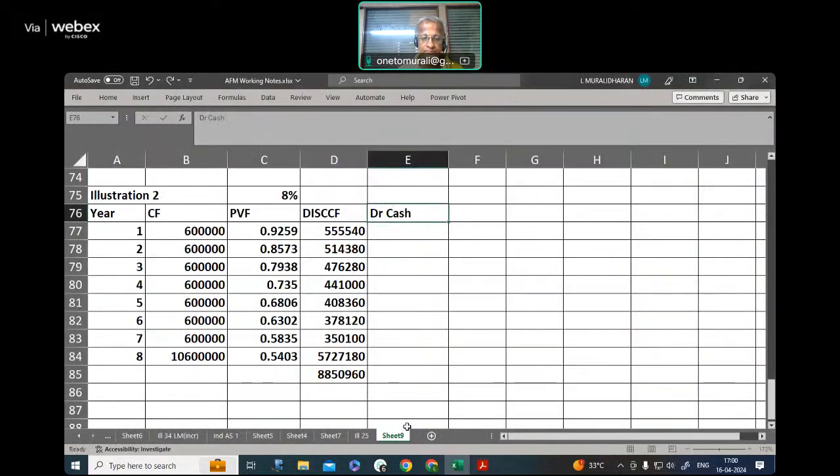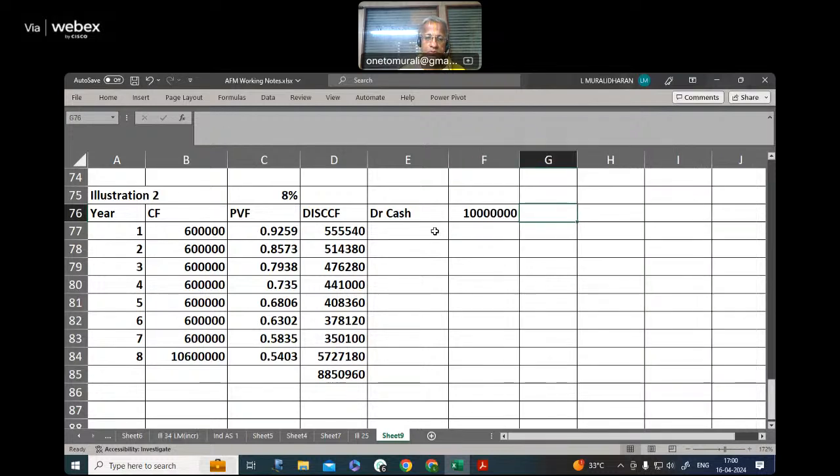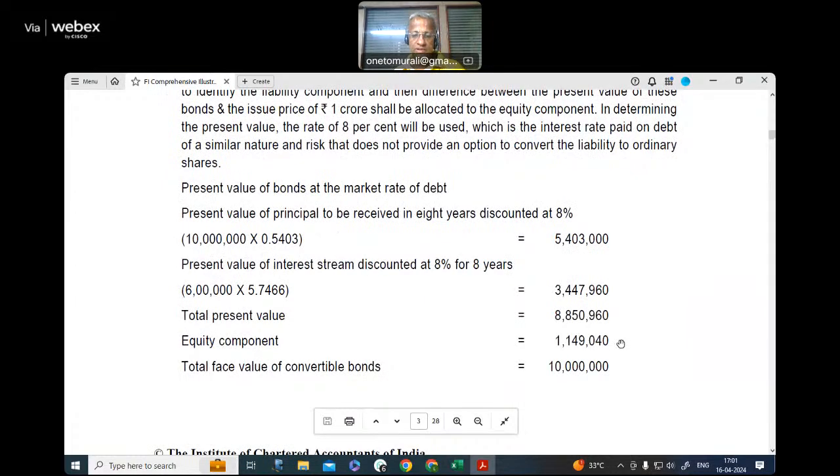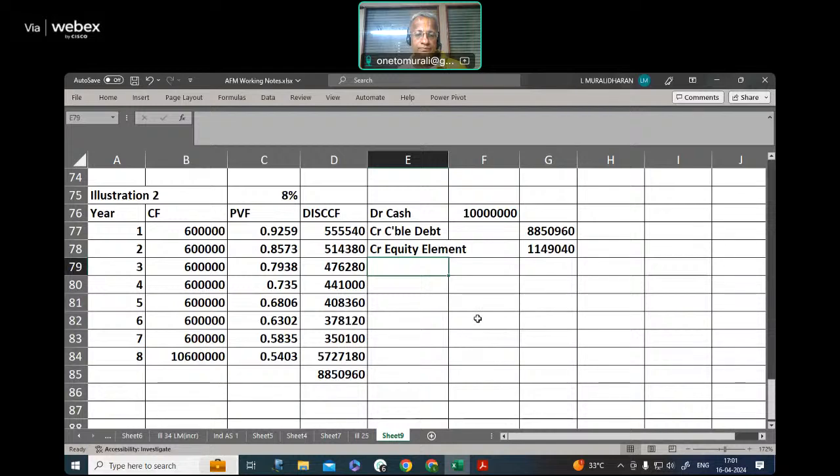Debit cash, credit convertible loan or convertible debenture with this value, credit equity element. 1,149,040 is the equity component or equity element.